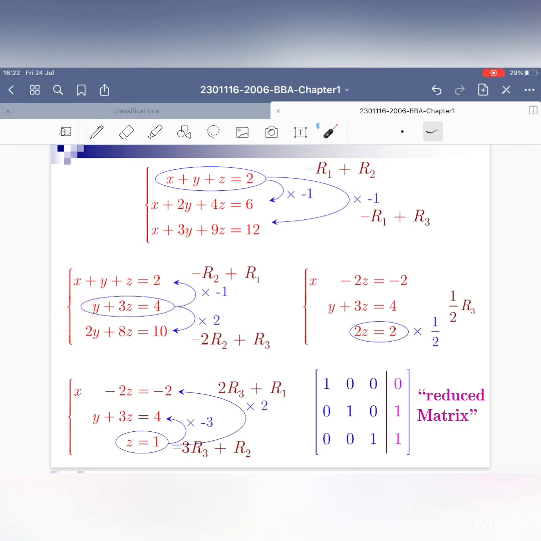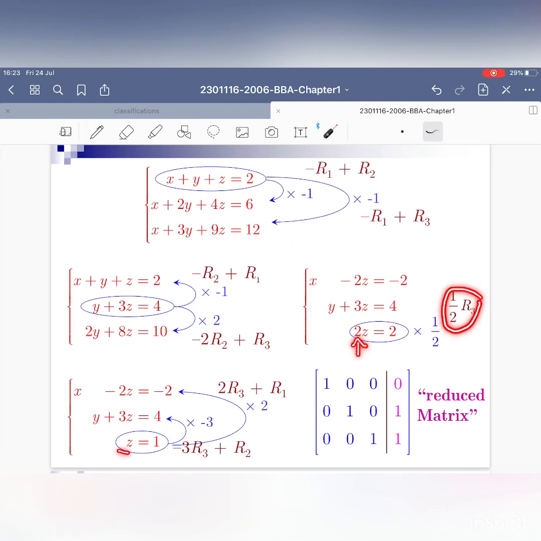It means that your R3 is subtracted by twice your R2, and here's the result. Then to get rid of the coefficient in front of a single variable like this, you change your third row by dividing by 2, or multiplying by 1/2.